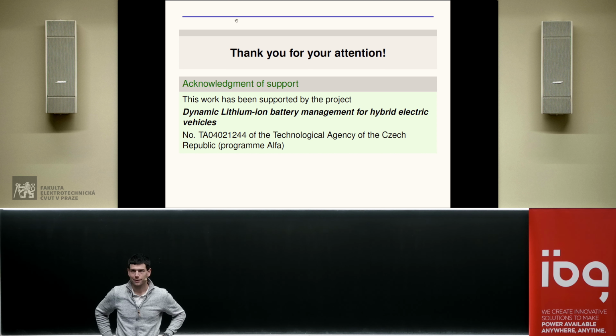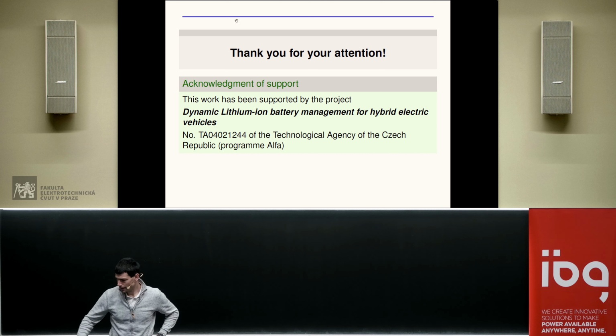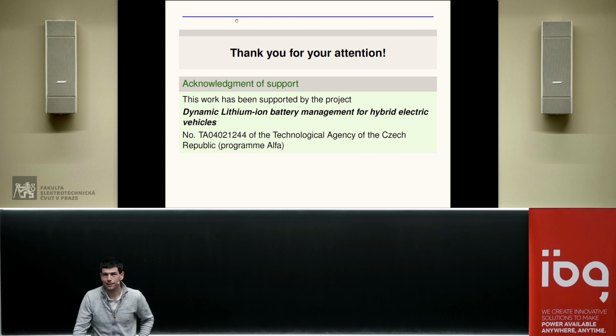I have a question. You showed the VOC curve that you fit. Is it just mathematical, or is there a physical model for the VOC curve also? You mean open voltage? Open circuit. Yes, open circuit. Well, at this time, it was really an empirical formula that was fitted to the experiment, to the real battery, because we didn't have the data for most of the other parameters.